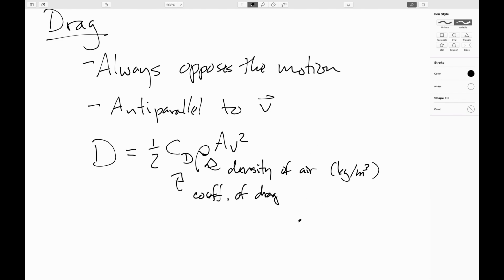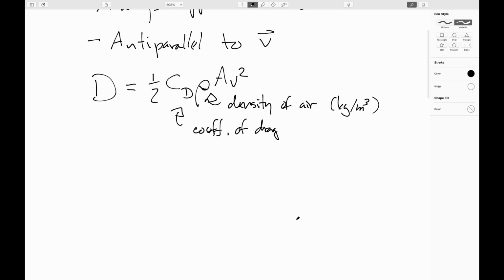So it turns out that for a lot of things, like say if you're thinking about a skydiver or something like that, for a lot of typical surfaces, if you're not super streamlining them, and yes, this coefficient of drag also depends on the shape of the object as it goes through the air.